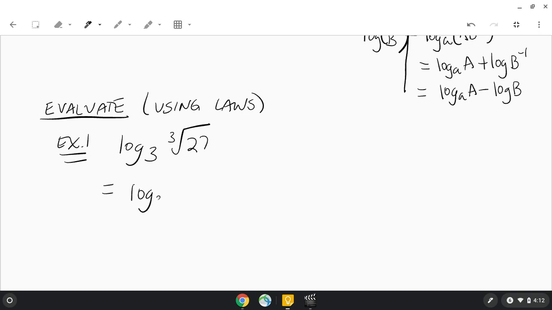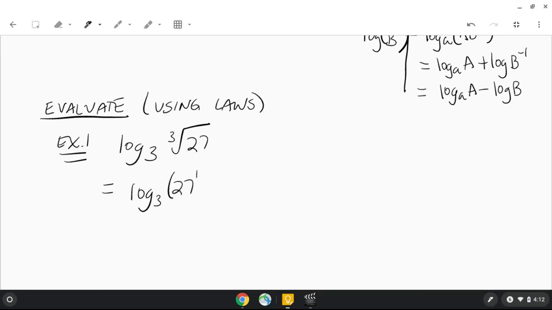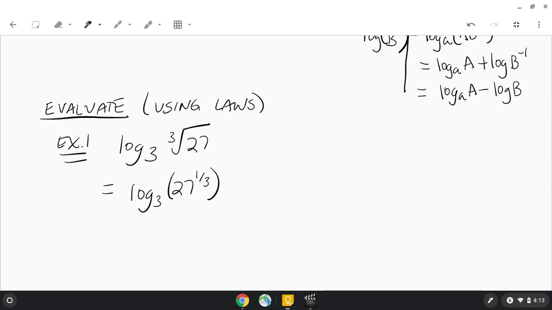So here, base 3, and that's the same as saying 27 to the 1/3. So all I did was rewrite it, first of all. If you have radicals, you want to rewrite them using rational exponents, meaning fraction exponents.